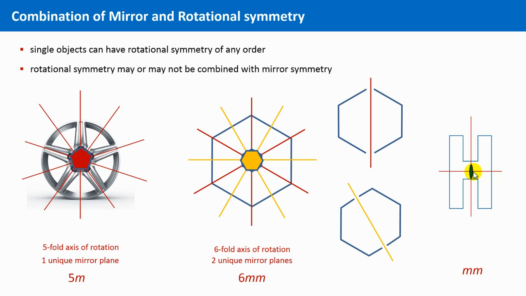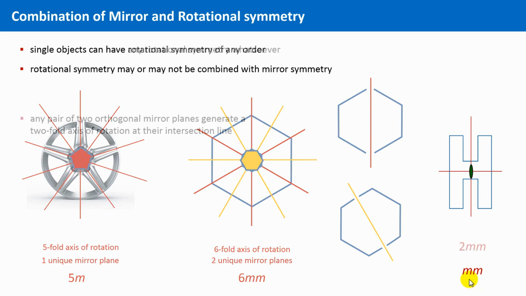The question is, why is this twofold axis usually not explicitly mentioned or noted? Why is it sufficient to denote only the two orthogonal mirrors, the horizontal and the vertical one? Well, because the two orthogonal mirrors implicitly contain the twofold axis of rotation. It is redundant to mention this axis.